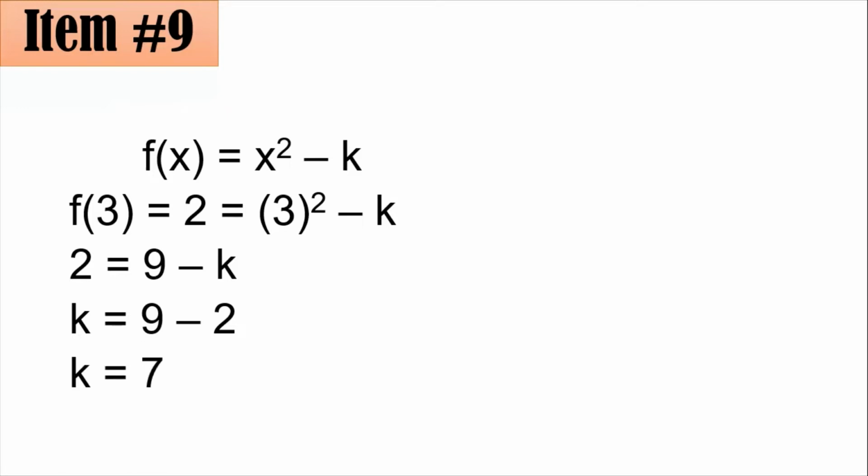But we're not yet done. How come? Because we have to replace this k with its value, which is 7. So thus, f of x equals x squared minus 7. And the problem here is asking, how about for f of k?